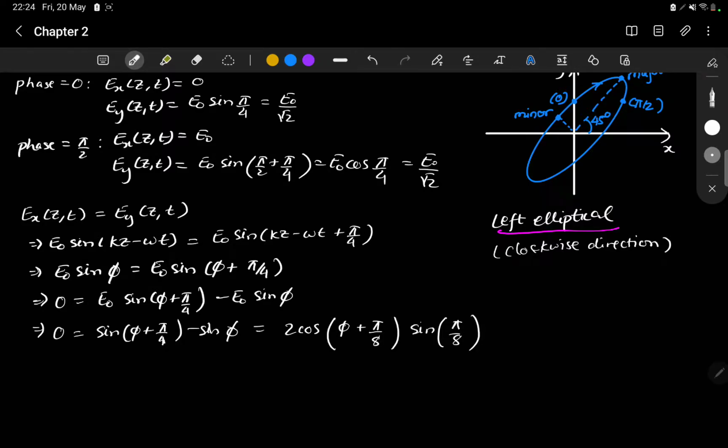Here we have used the identity that sine C minus sine D is equal to 2 cos of (C plus D) by 2 times sine of (C minus D) by 2. This is the identity that we have used for this simplification.